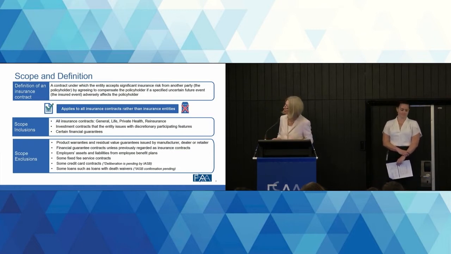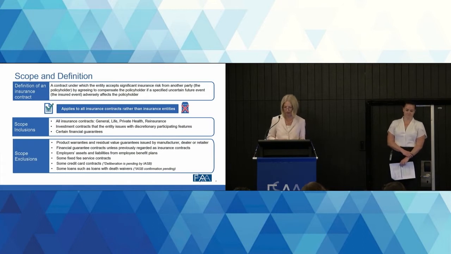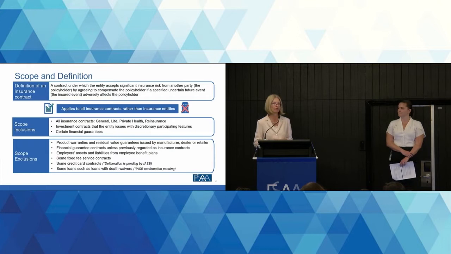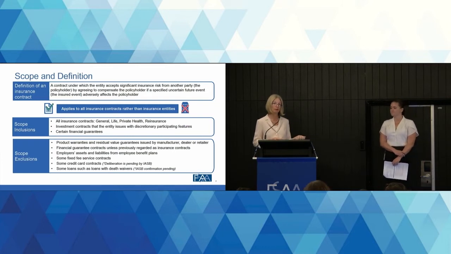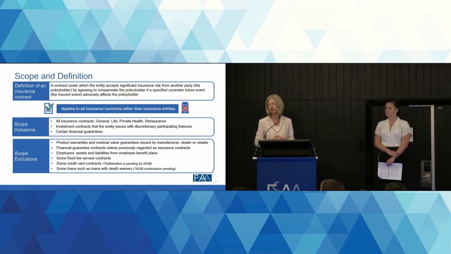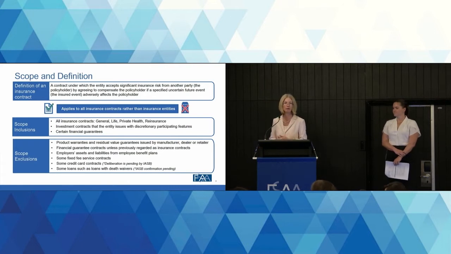So just some brief recap. Rianne went through, the first thing we need to do is understand what contracts are within the scope of this standard. So we've mentioned that the standard's around insurance contracts, not insurance entities, and it's common to all types of insurance contracts. We've touched on the definition of an insurance contract, which is on the slides that you will get.